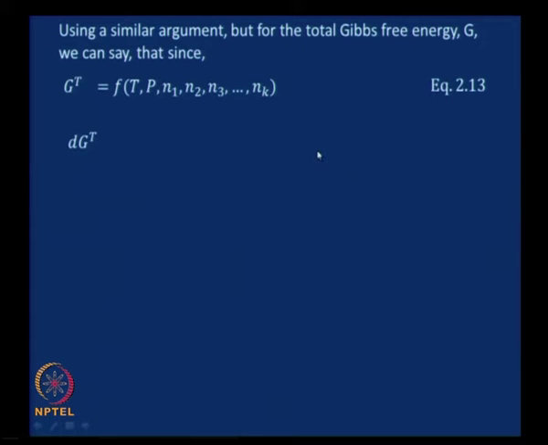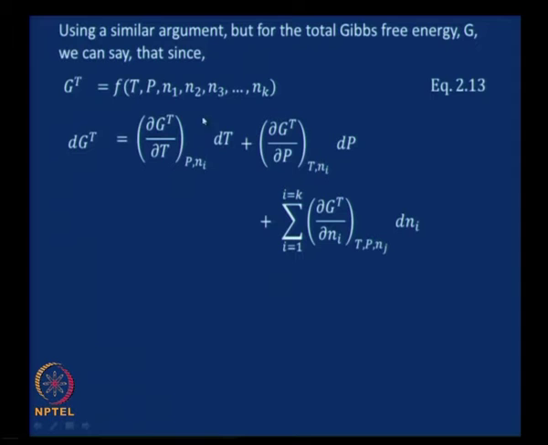Therefore, the total differential dG_t can be written as ∂G_t/∂T at constant P and all N_i, dT, plus ∂G_t/∂P at constant T and N_i, dP, plus, as we have seen, ∂G_t/∂N1 at constant T, P and all other N_j's, dN1, plus ∂G_t/∂N2 at constant T, P and all other N_j's, dN2, and so on.